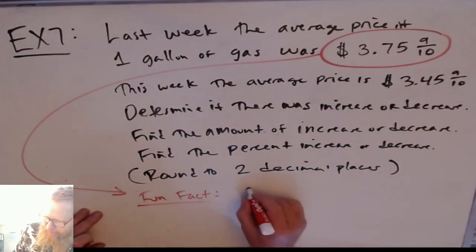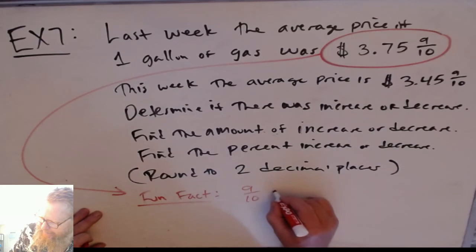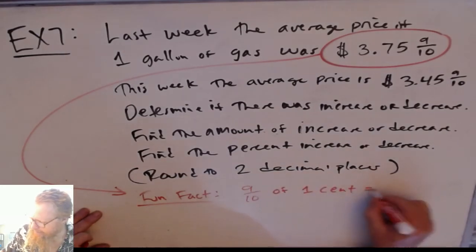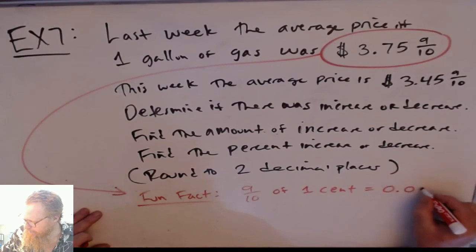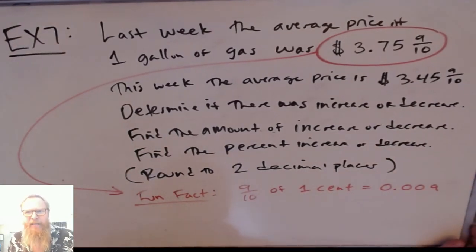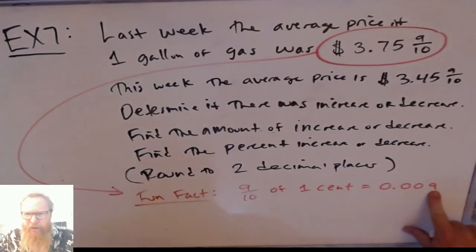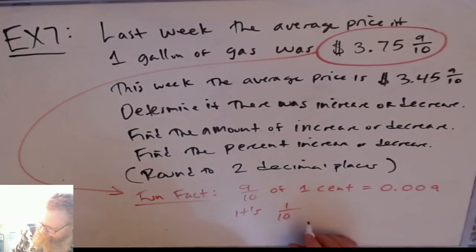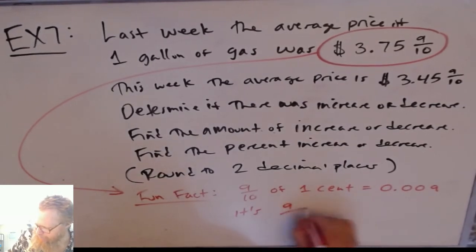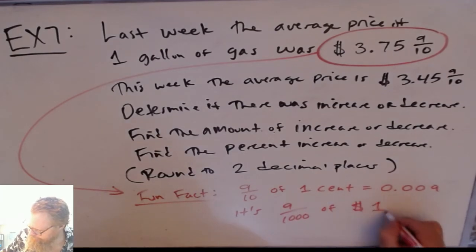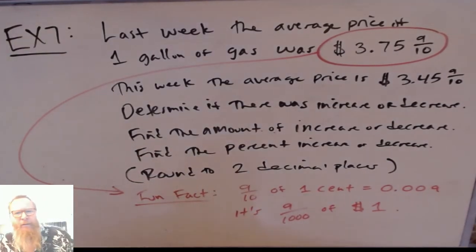So 9/10 of a cent is equal to 0.009. It's actually 9 1,000ths of $1. 9 1,000ths of a dollar.